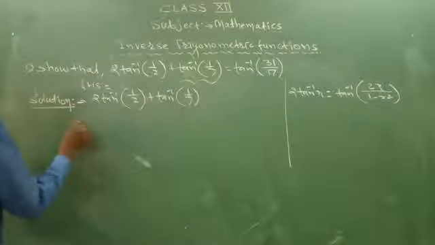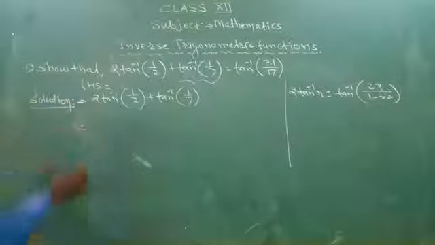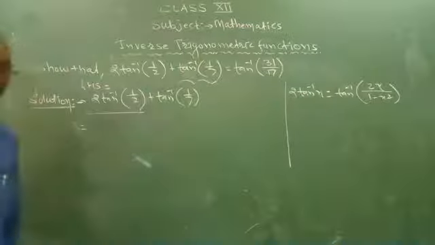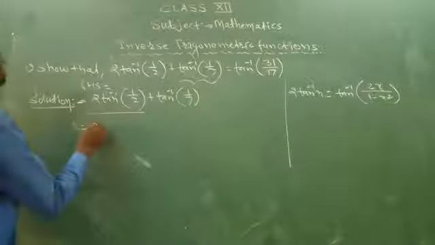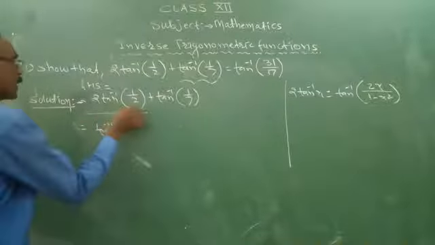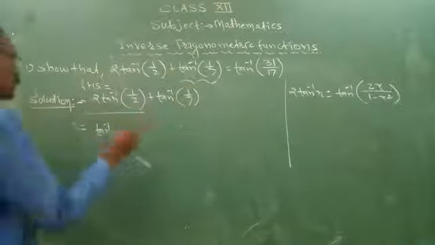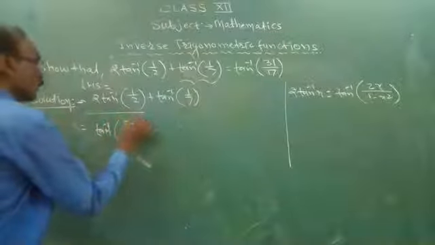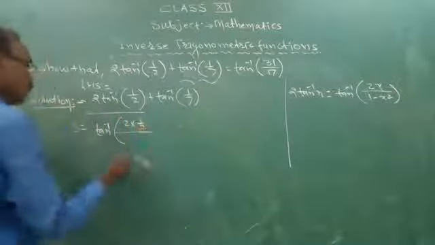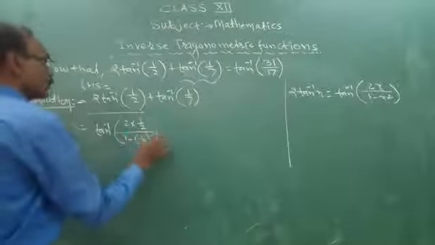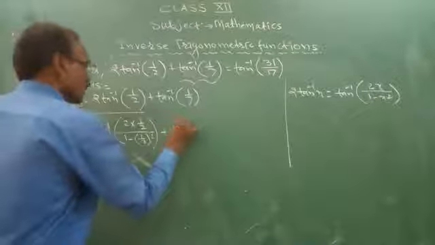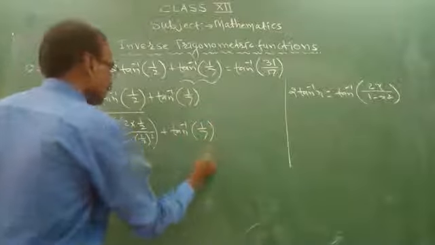Okay, equals, so convert this 2 tan inverse x into tan inverse 2x upon 1 minus x square. So it will be tan inverse 2x, 2 into half, upon 1 minus half square, 1 by 2 square, plus tan inverse 1 by 7.